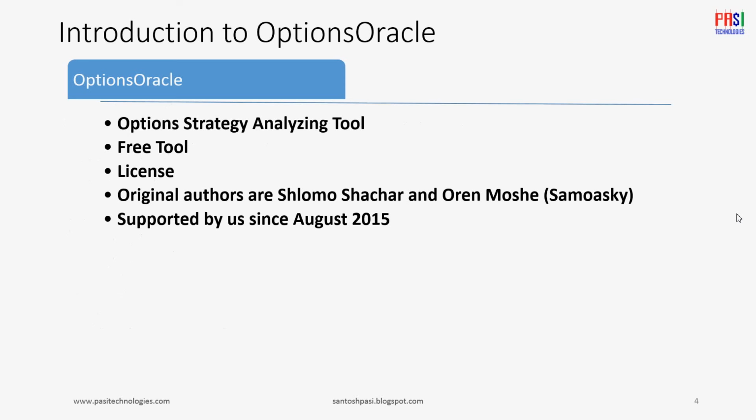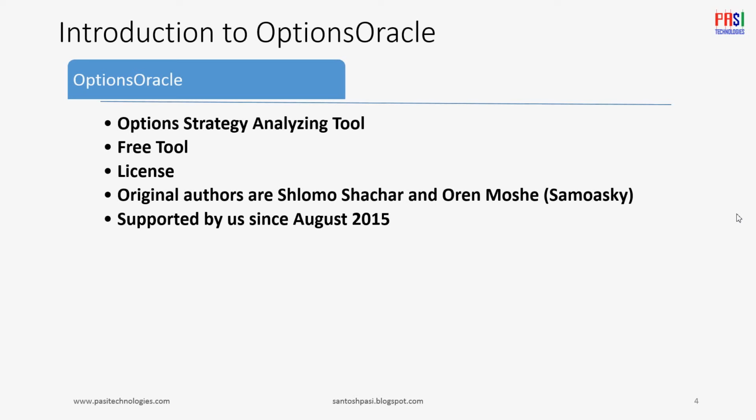So let's start with point one, that is OptionOracle introduction. Remember, OptionOracle is an options strategy analyzer. So it is a tool to analyze your option strategy. Using OptionOracle, you can add your positions, and then you can analyze.